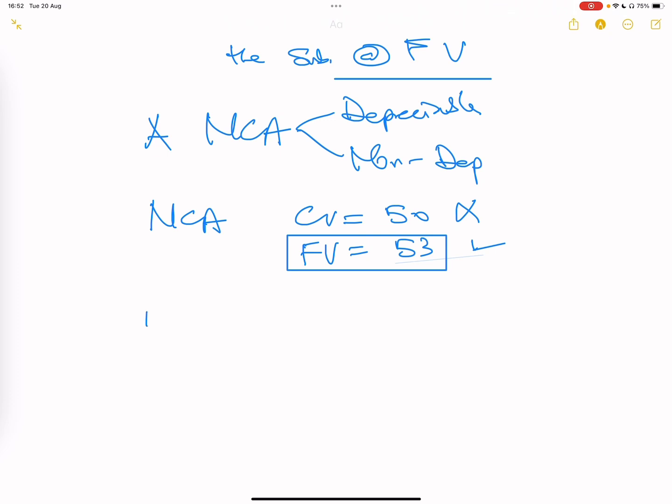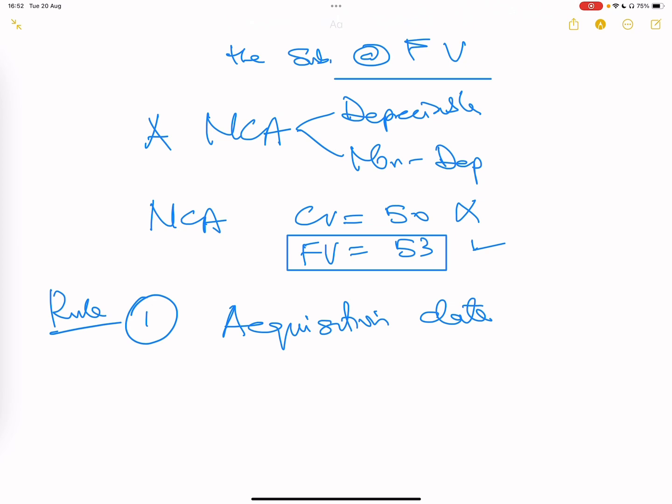So the first rule for this fair value adjustment is on acquisition date. So on acquisition date, we are saying the asset should be 53 and not 50. So which means you have to debit non-current assets for that extra of 3, and the credit goes to the retained earnings on acquisition date of 3.